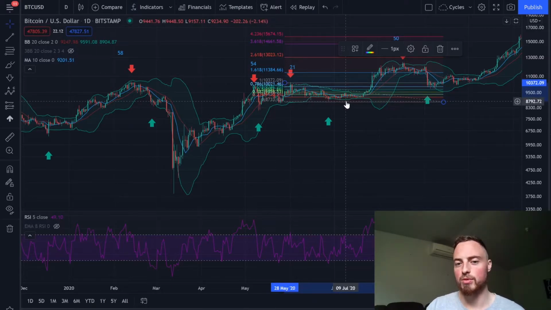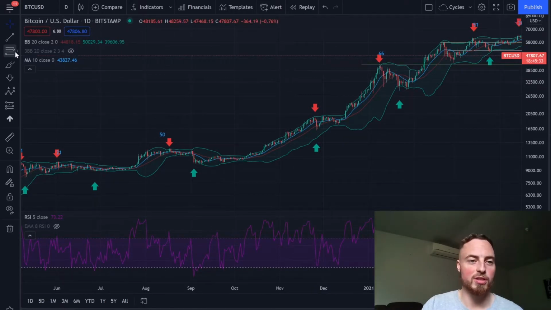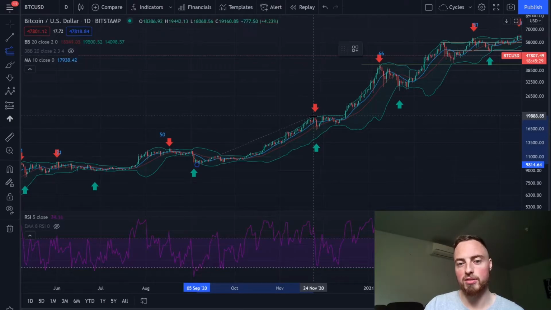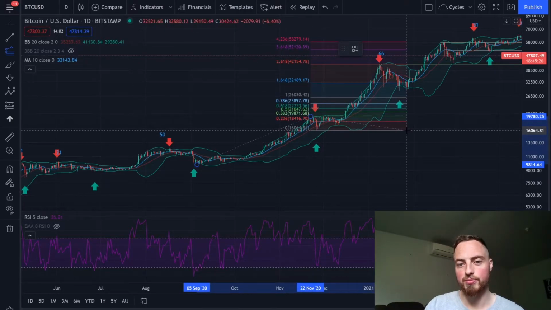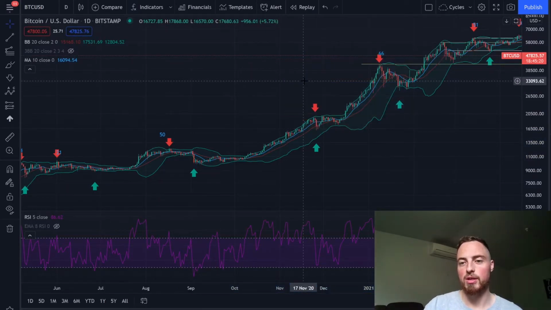So on this example, we can look at it like this. On the trend-based fib extension, hit that 2.618 pretty damn well.